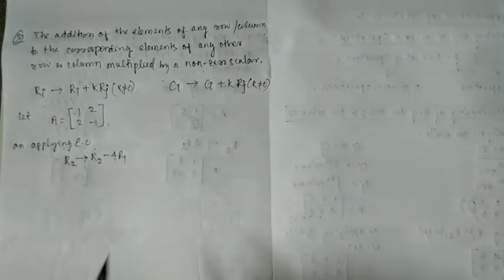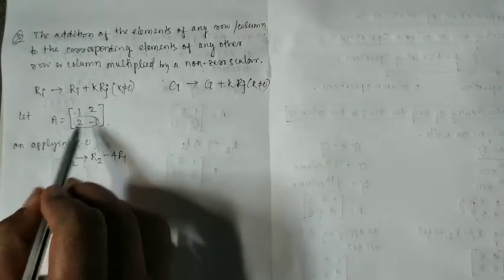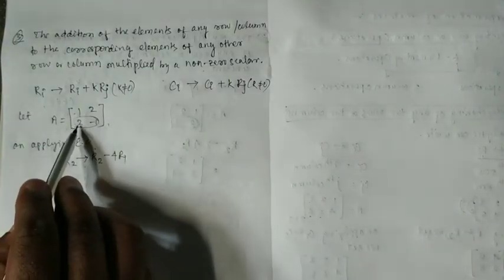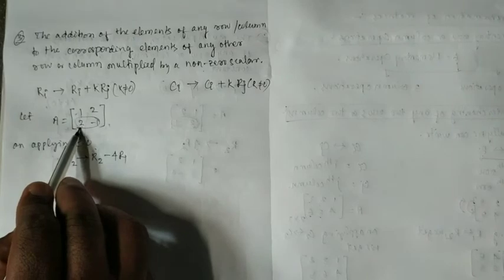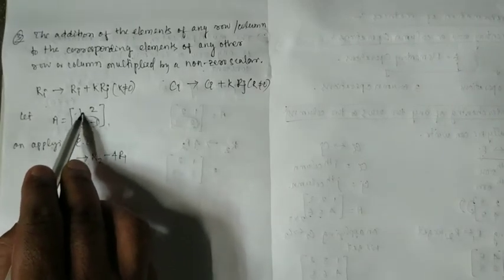That means the elements of row 2 are replaced by the corresponding elements of row 2 minus 4 times the corresponding elements of R1. That means here 2 is replaced by 2 minus 4 times the corresponding element in R1 which is 1.